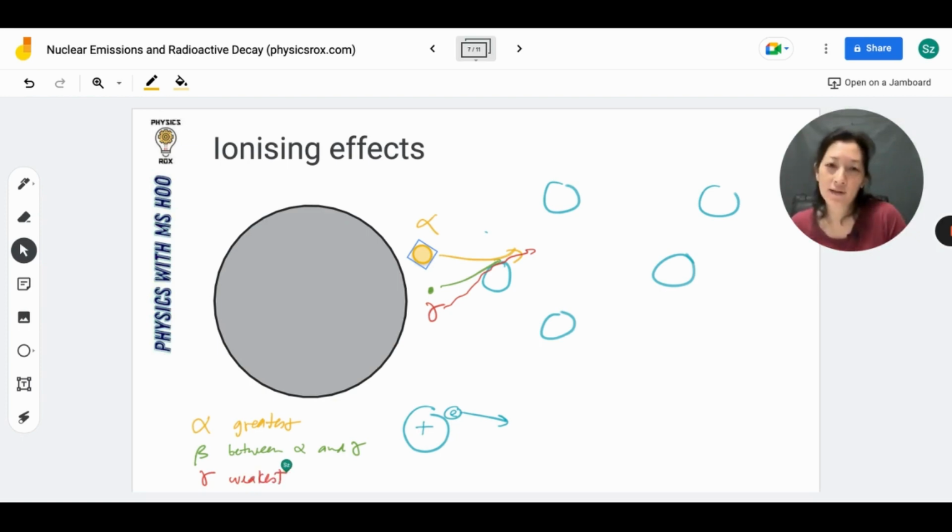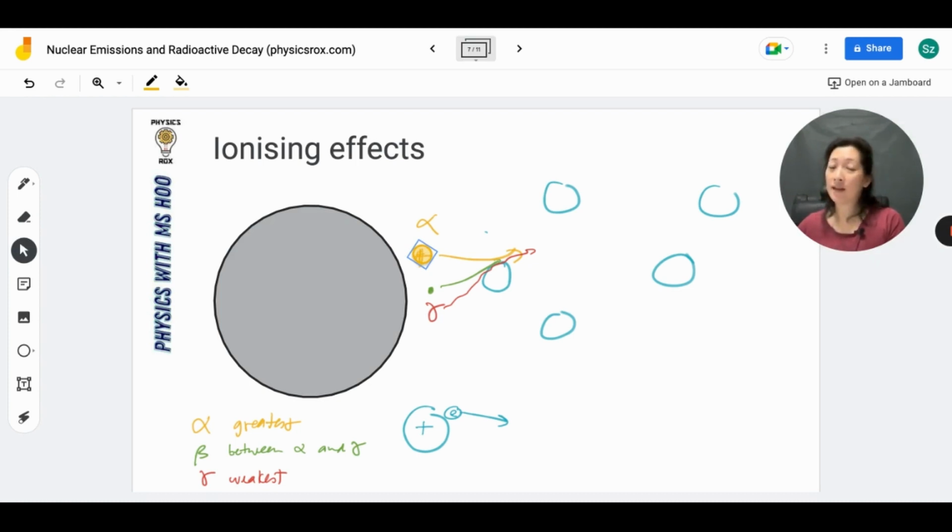Another way that you can also consider the ionizing is whether the particles are able to pull the electron out. So alpha, because it is made up of 2 protons and 2 neutrons, that means its charge is positive, right? So it's also easier for it to be able to attract the electron out.